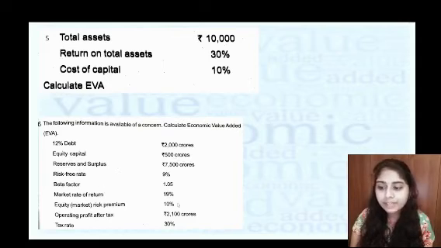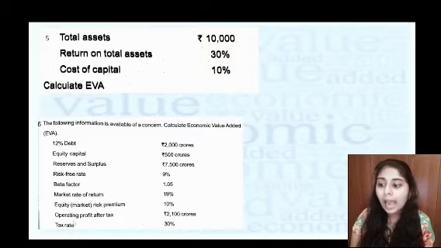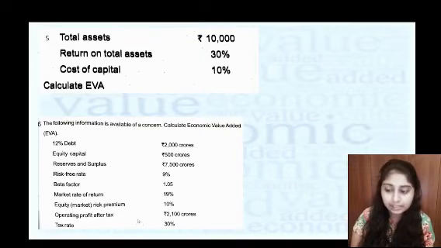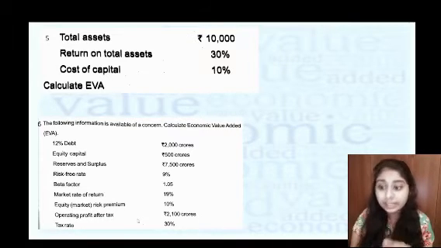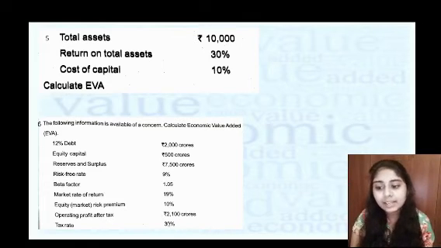The risk-free rate is 9%. Beta factor is 1.05. Market rate of return is 19%. Equity risk premium is given as 10%. And profit after tax is given as rupees 2001 crore and the tax rate is 30%.